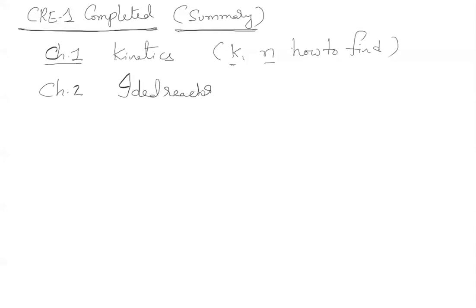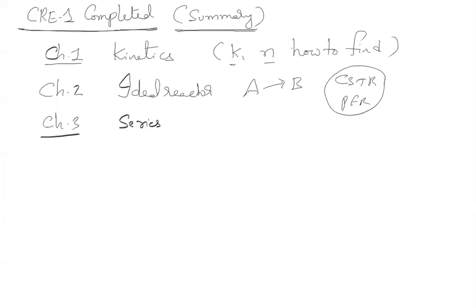Ideal reactors: how do you select a reactor? Let's say A gives P, simply. You have a CSTR or a PFR. If it is a positive order reaction, you will select a PFR. If it is a negative order reaction, you will select a CSTR. Chapter 3, series-parallel reactions.